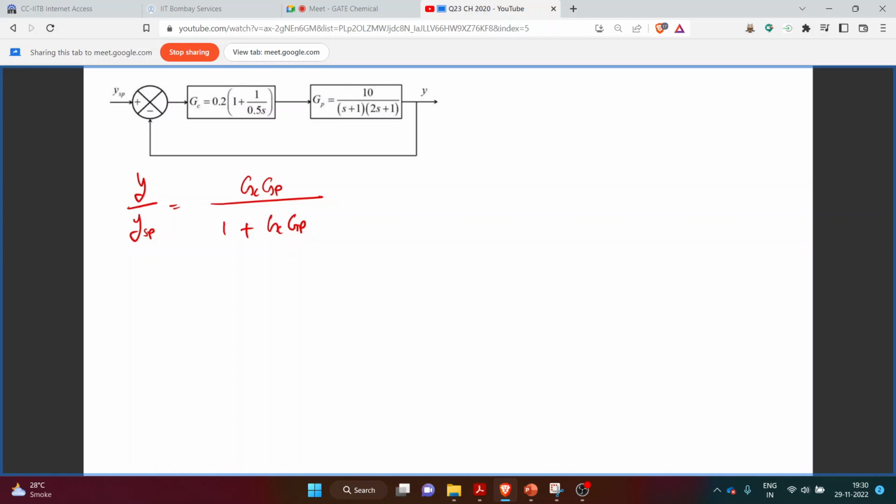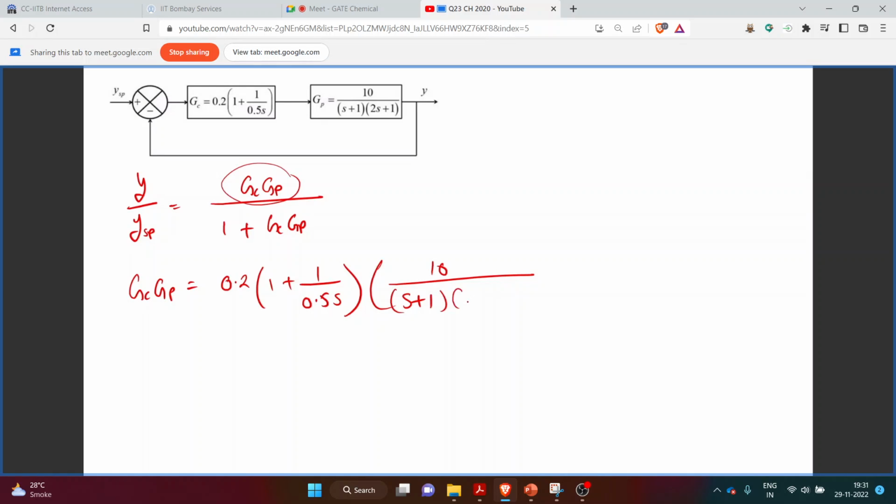So let's just simplify this numerator GC upon GP. GC is equal to 0.2 times 1 plus 1 upon 0.5s. GP will be 10 upon s plus 1 into 2s plus 1.